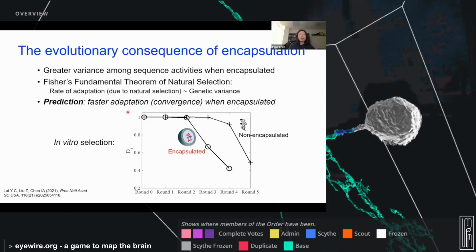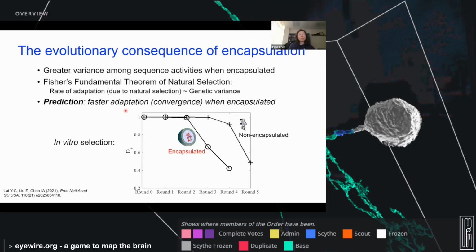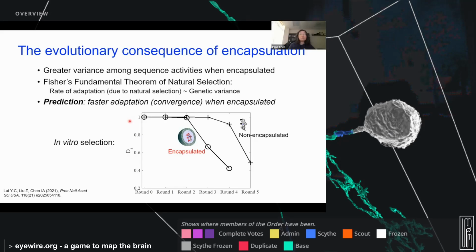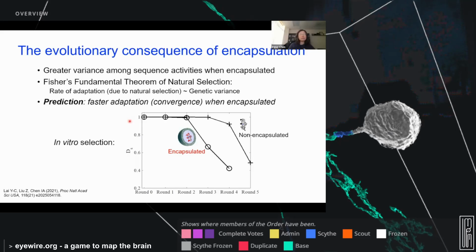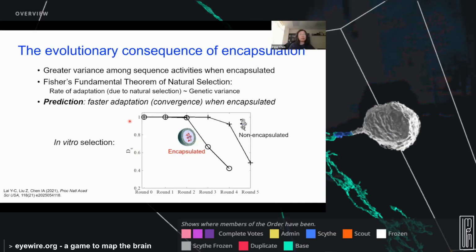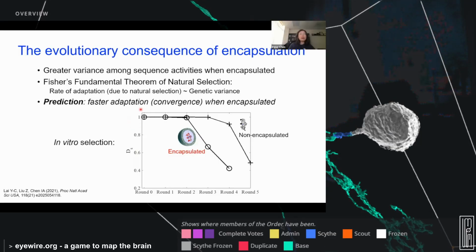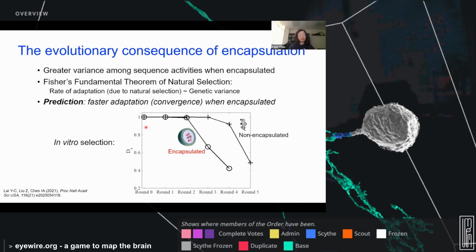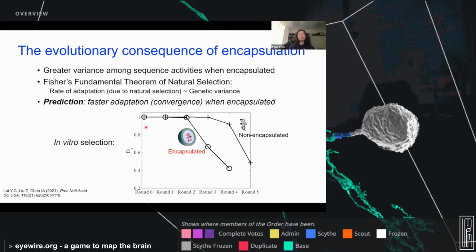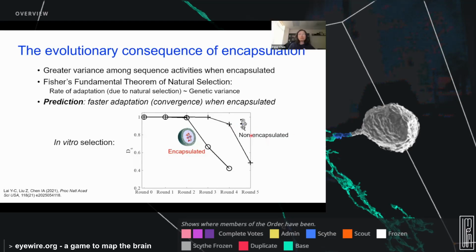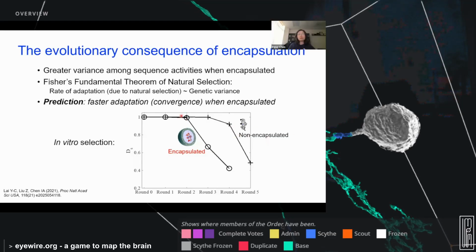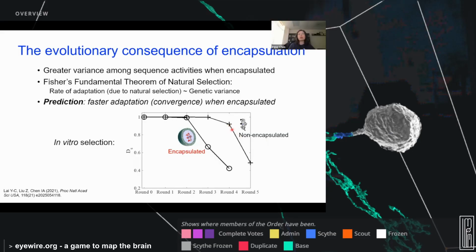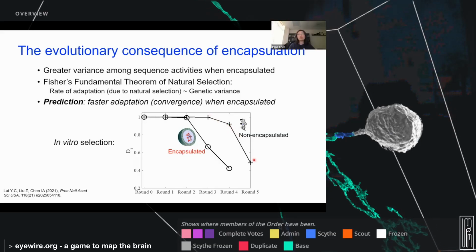What we're looking at here is a diversity measurement, a diversity index, and that's the probability that two randomly selected sequences are different from each other. So that's really high in the beginning because we have a large library of different sequences, and then it decreases as the library converges. So let's look first at the non-encapsulated situation. We see that there's a particular rate of convergence.